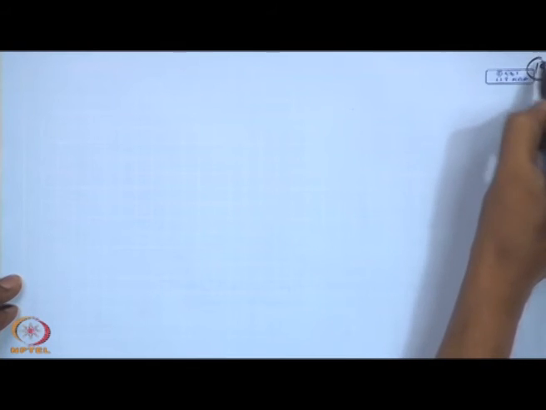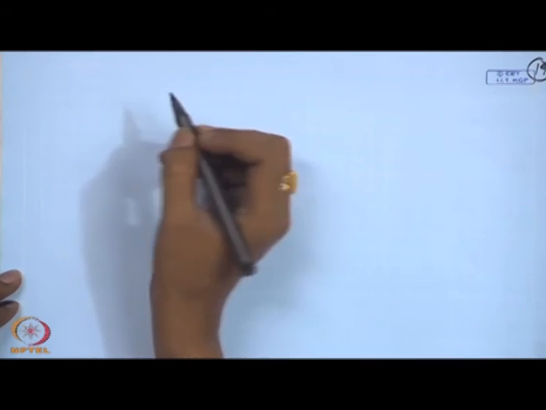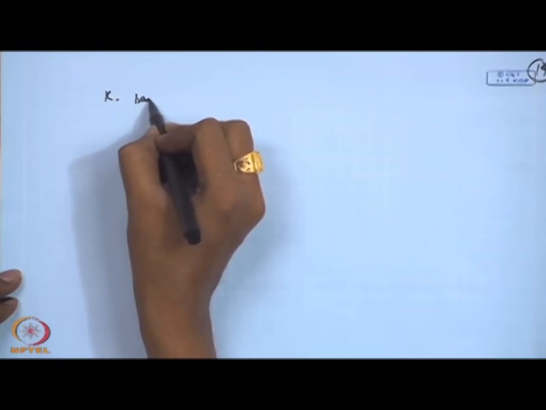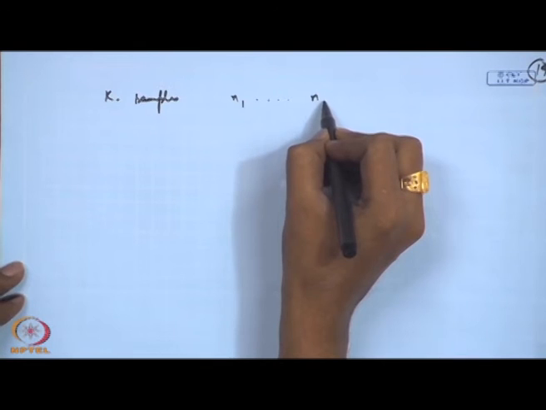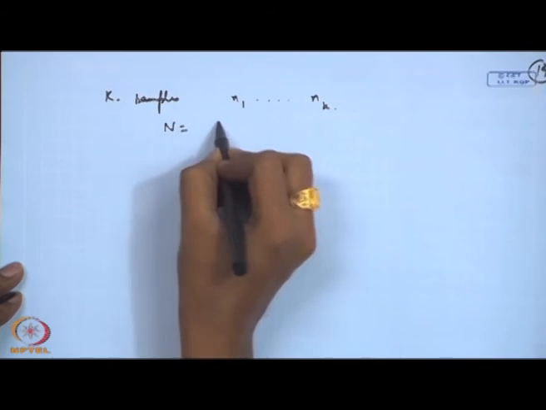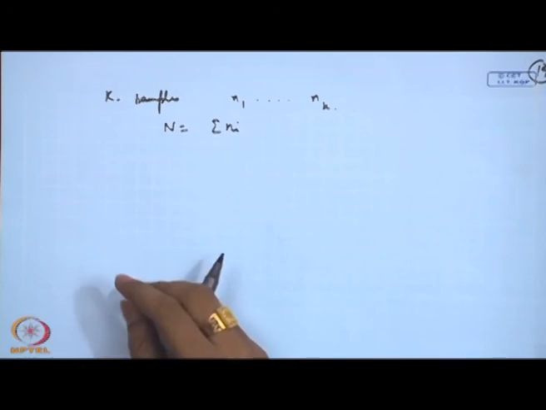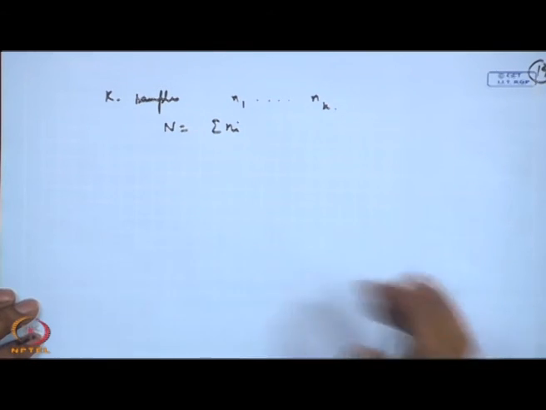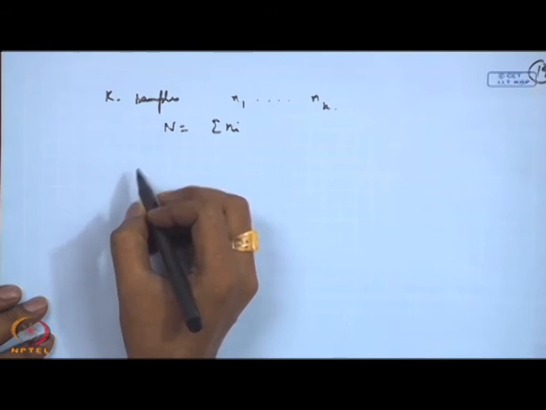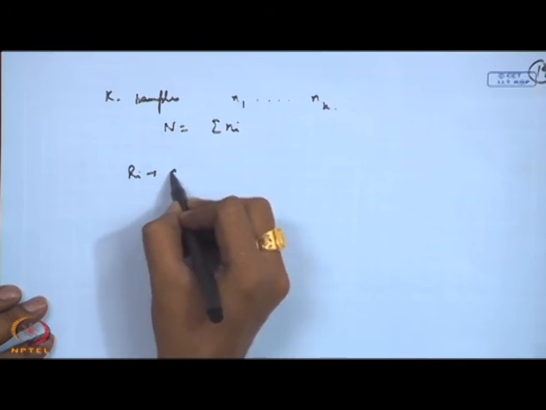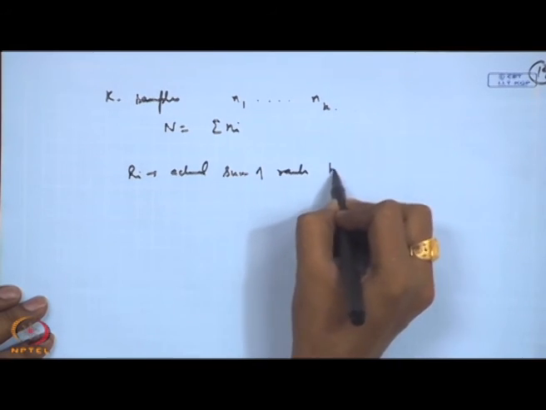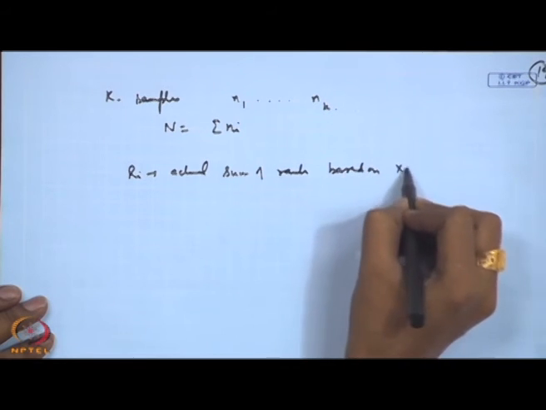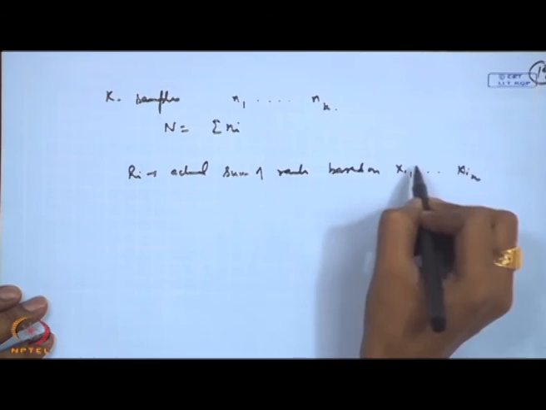let me just very briefly mention about this one. So, we have k samples, and the sample sizes are n1, n2, ..., nk, and n is equal to sigma ni. We consider all the observations mixed up, and we consider that Ri is the actual sum of ranks based on Xi1, Xi2, ..., Xini in the combined sample.